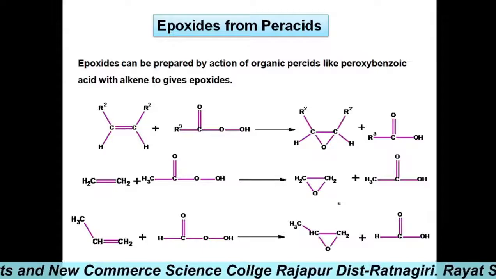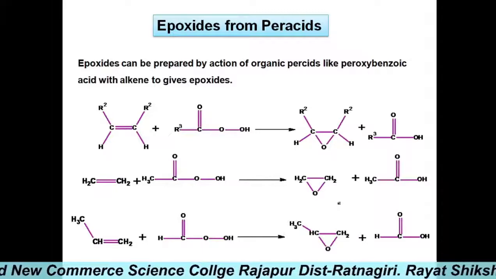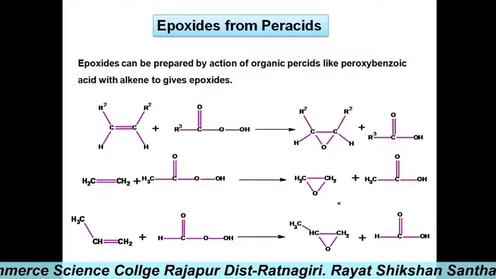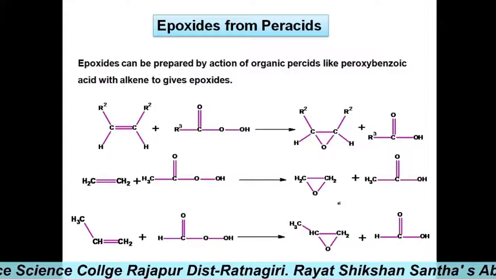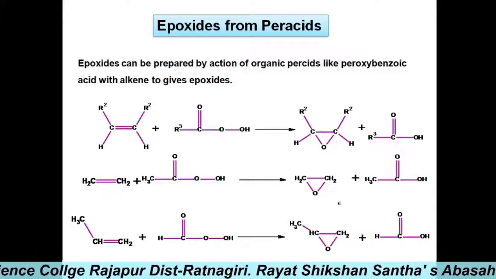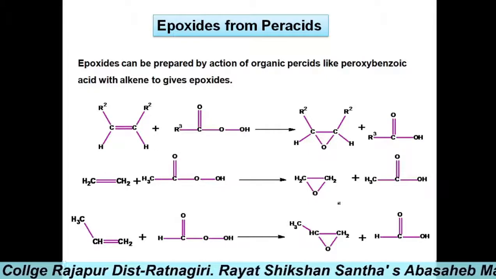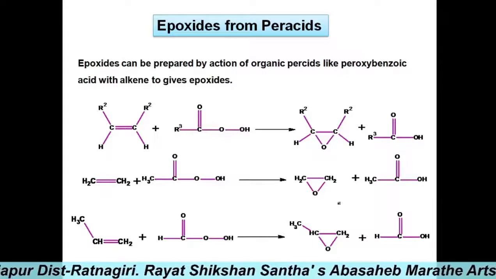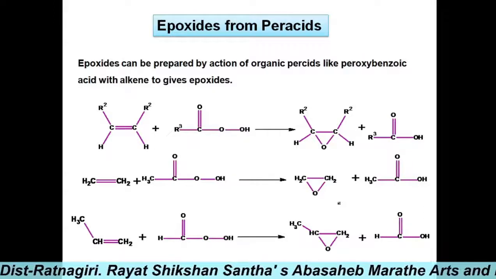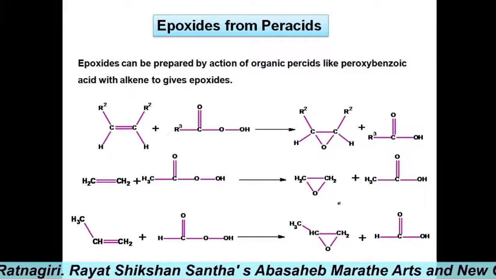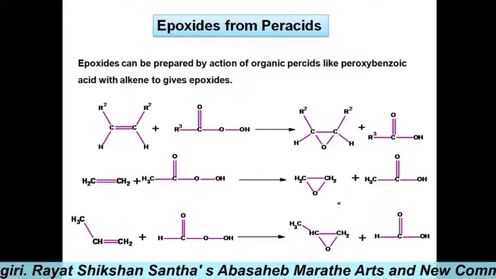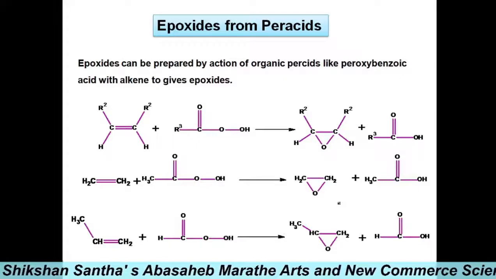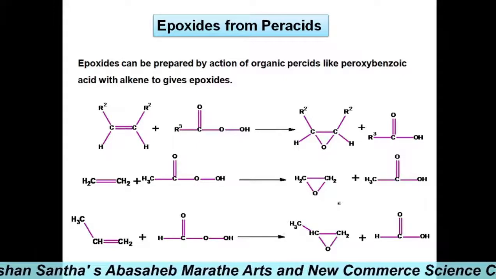This reaction is called epoxidation reaction or peroxidation reaction of the alkene. The peracids are like peroxybenzoic acid, peroxyformic acid, then peroxytrifluoroacetic acid. Such acids can be used for formation of the epoxide ring.